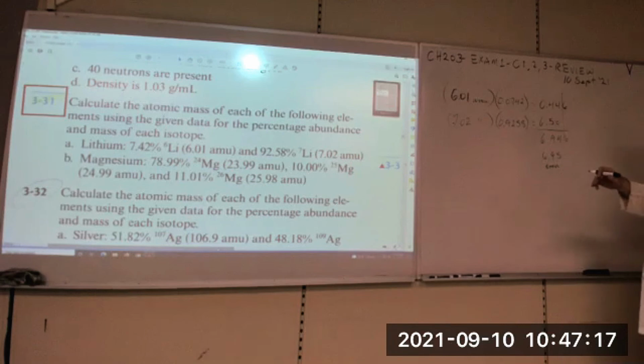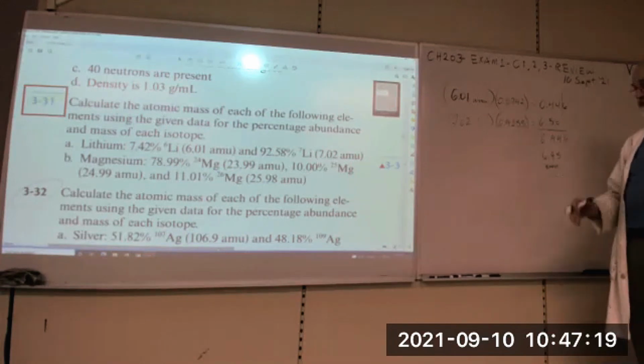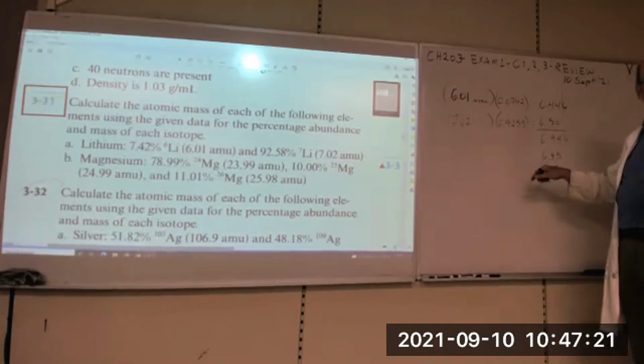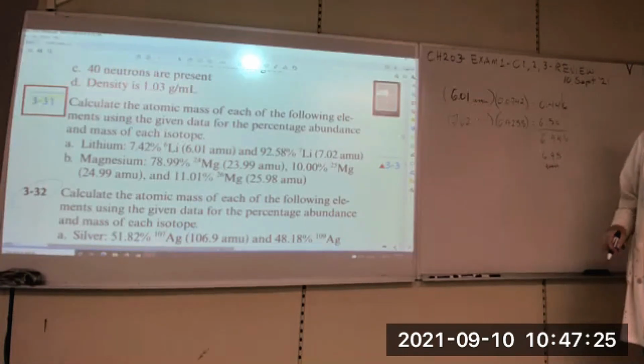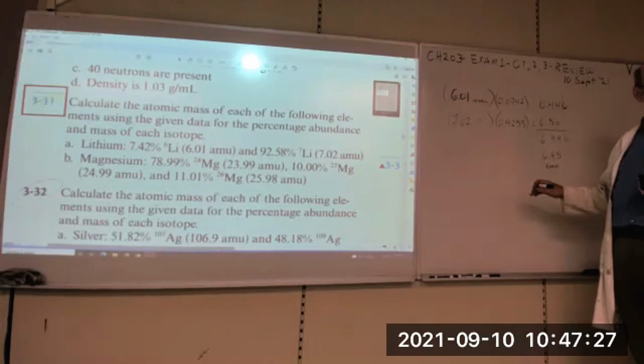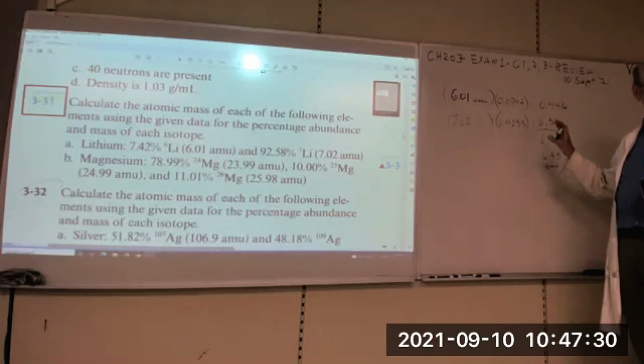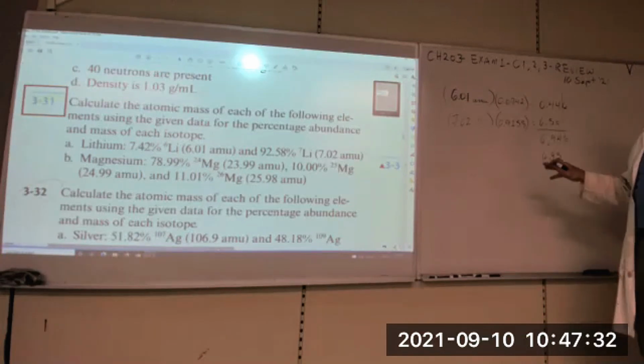Now, if you search around for an isotope or any atom, any individual atom with that mass, you never find it. Doesn't exist. This is an average atom. It's a mathematical creation.